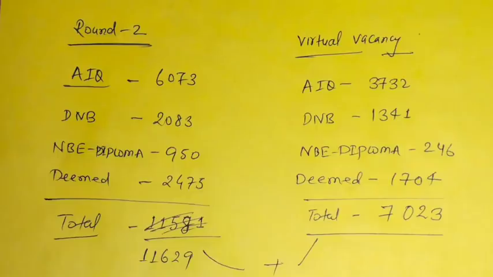If you are going for deemed university, Uttar Pradesh and some other states where there is a security deposit of 2 lakhs, and you get a seat in both state counseling and round 2 counseling, it depends on when a state is going to announce its result.